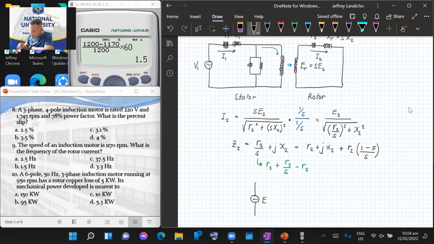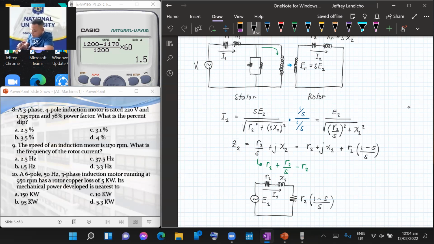Sino na ngayon ito? I sub 2. Na-separate natin si rotor resistance at standstill and the rotor reactance at standstill. So, this is R2, this is X sub 2. Then, we have now additional resistance here. So, this resistance, it is now the equivalent resistance of power developed, which is R2 times 1 minus S over S. Sinong current pa rin ito?